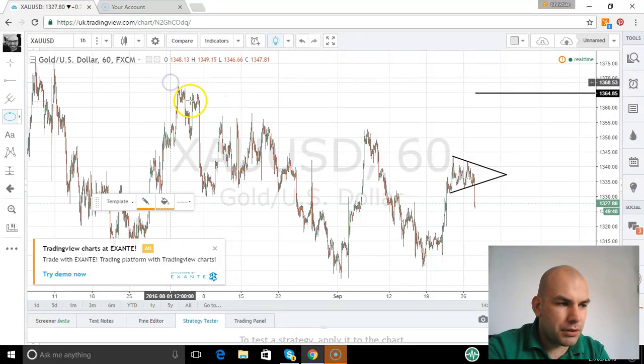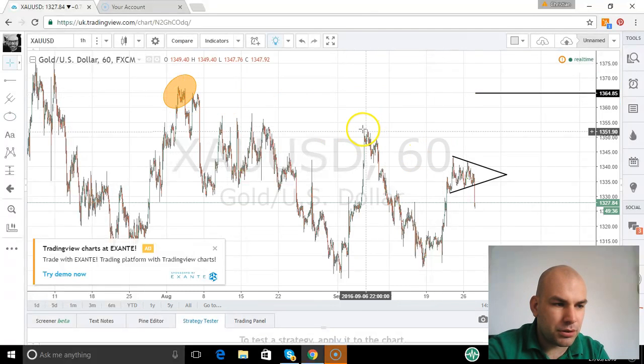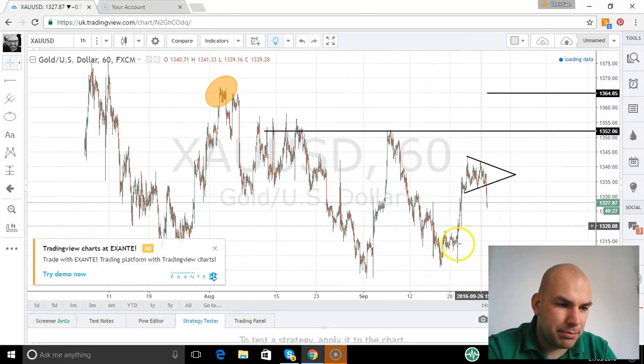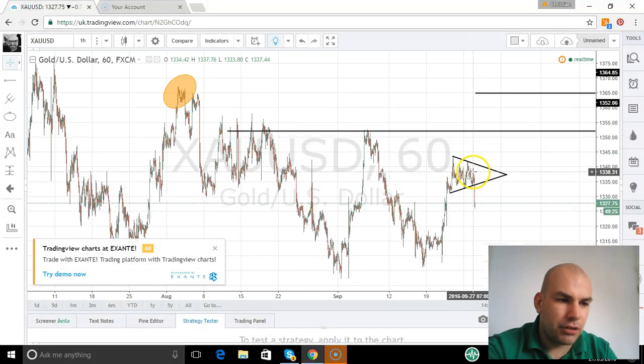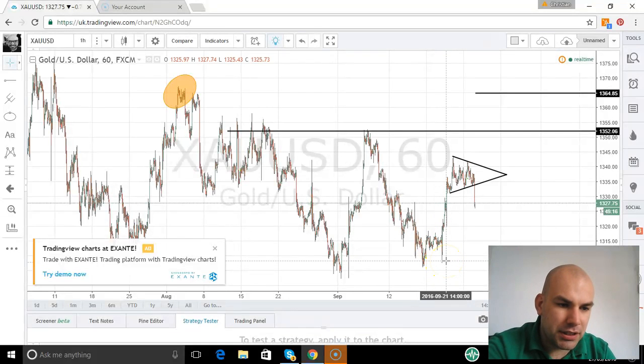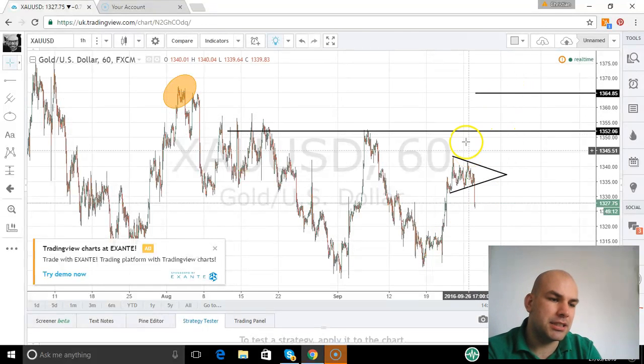You can see that would have lined up quite perfectly, and you also had this level here that we would have had to surpass, so we could have had two targets. It depends on whether you look at the aggressive move to the upside as being from the top of this region, 1317, or from the bottom, which is 1307. That gives a 10 pip difference, which is approximately this distance here.